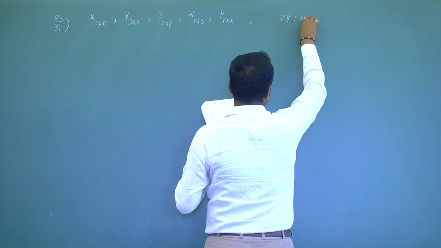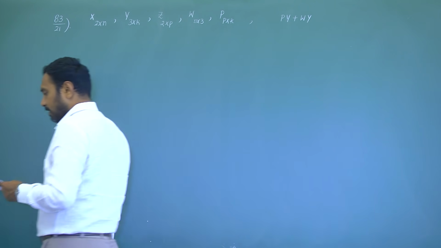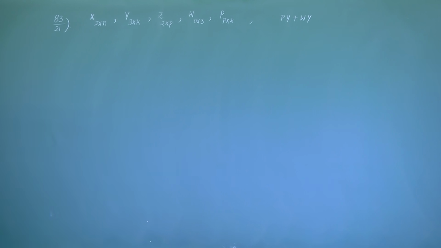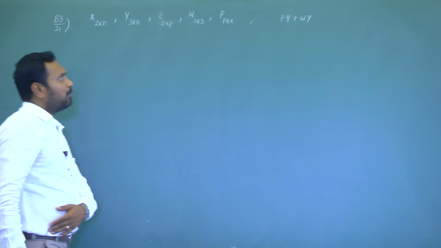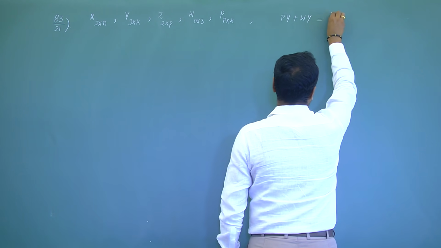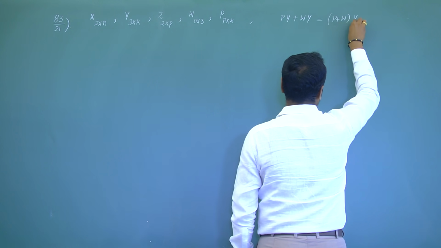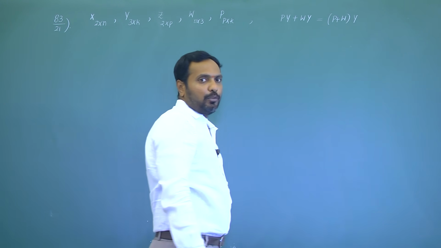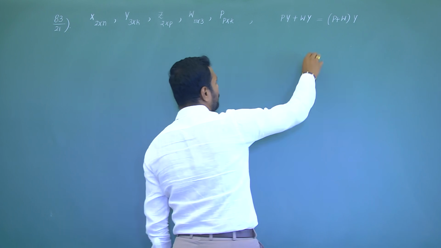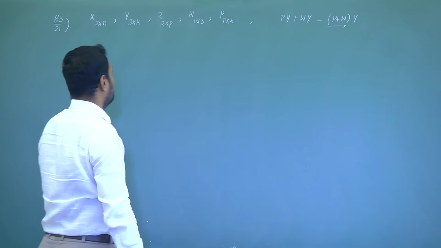Py plus Wy is defined is asked for you. I can write Py plus Wy as P plus W into Y. First, addition of two matrices is possible when they have the same orders.